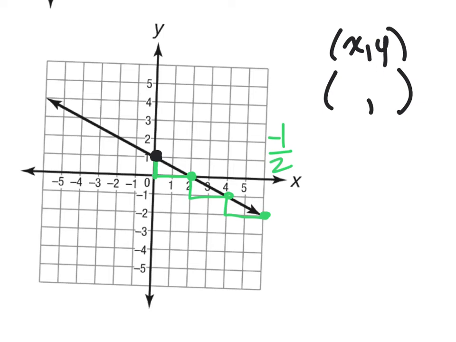And then we need to find one more point. What would this point right here be that I just made with red? 2, 0. That point would be 2, 0. And then we're going to make a table. Remember how I taught you how to do this?